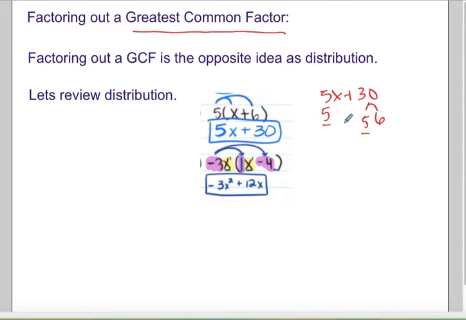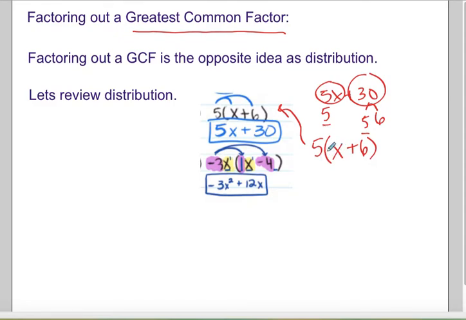And so what you do is you divide each piece by 5. Dividing the 5x by 5 would give you x as your remaining amount. Dividing the 30 by 5 will give you 6. So when you're factoring, you take the GCF, you divide each piece by that GCF, you write the GCF in front, and then what you got when you divided is what goes inside of the parentheses, which essentially takes you back to the beginning of that distribution problem.